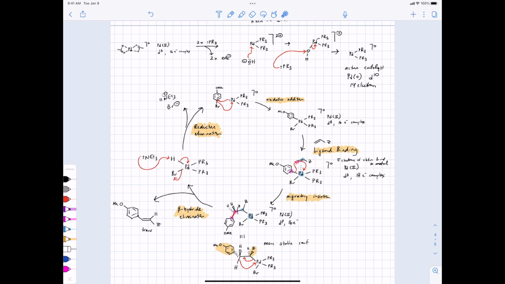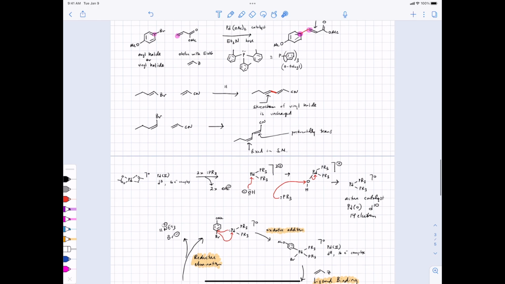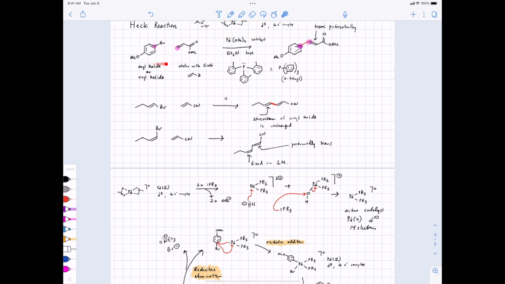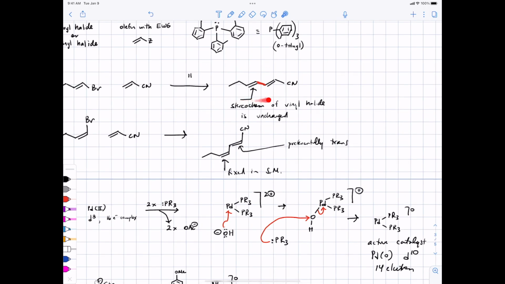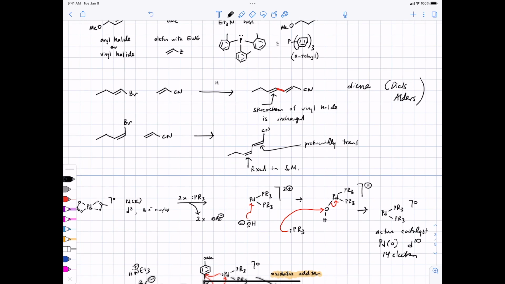Now, why did I show you all of that? Basically, what are you responsible for? I just want you to know the reagents and to know how to predict products of the Suzuki and Heck reactions. By the way, pay attention to this. One of the potential products of a Suzuki reaction is a diene. That can do Diels-Alder reactions, so maybe you want to go back and look at that.